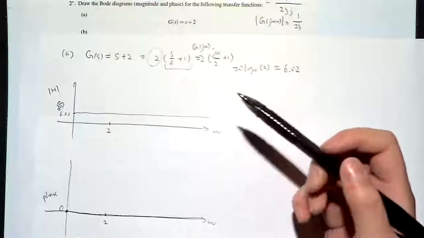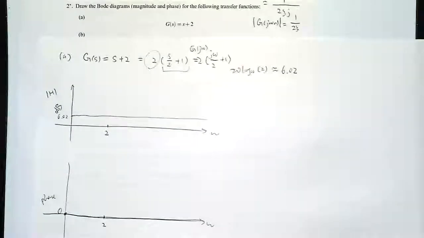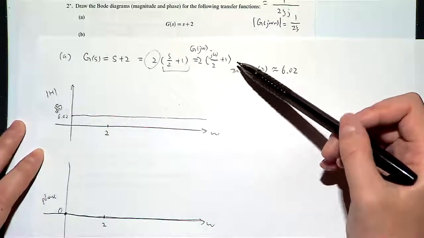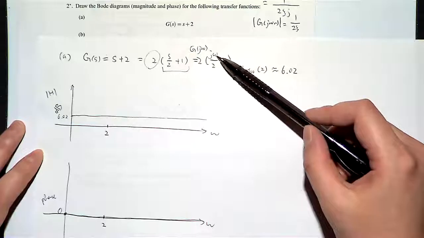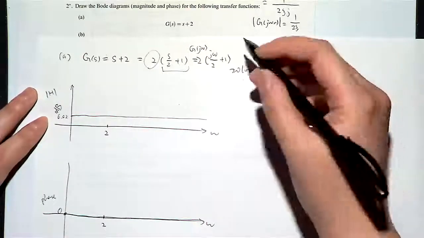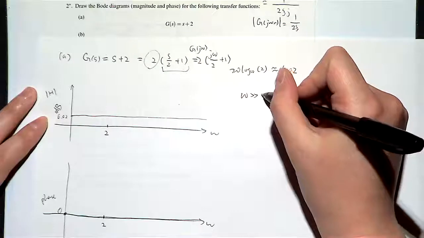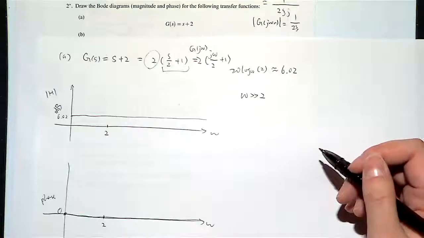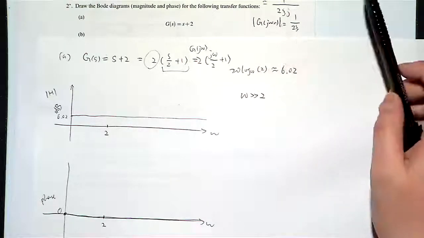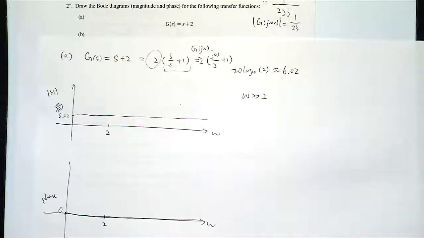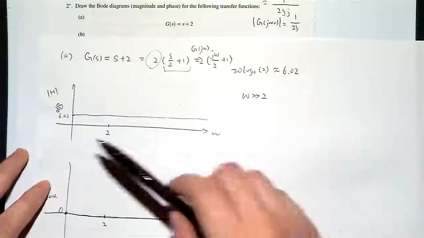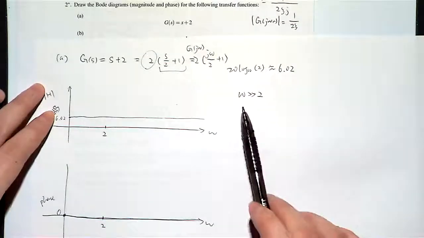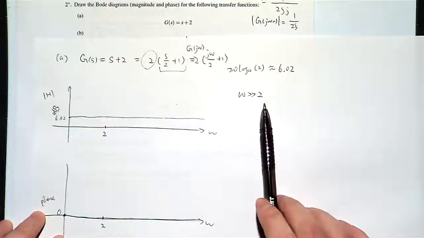We put j omega here, and then we can see how the magnitude and phase change with the change of omega. So when omega is far greater than 2, then what happens? Phase is 90, yes, but we concentrate on the magnitude first, on the gain first. So if omega is greater than 2, what happens here?